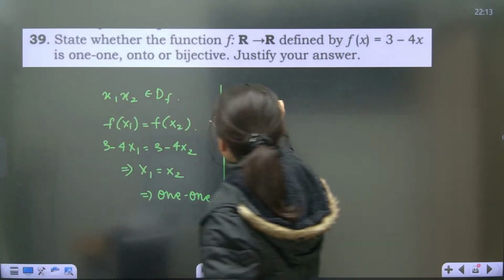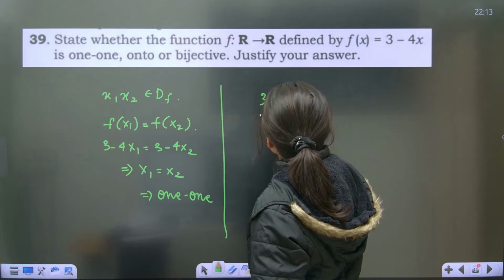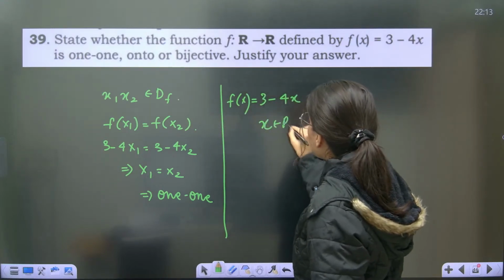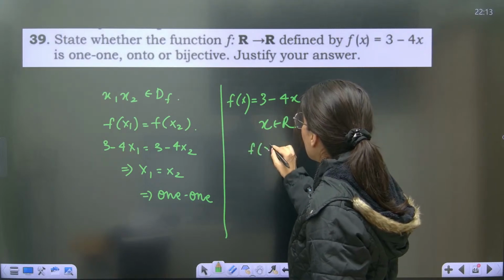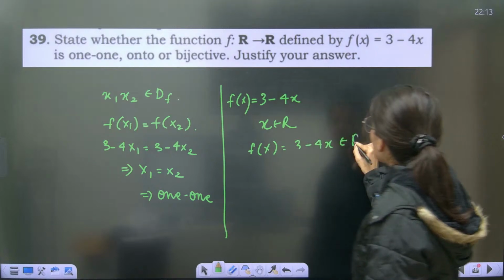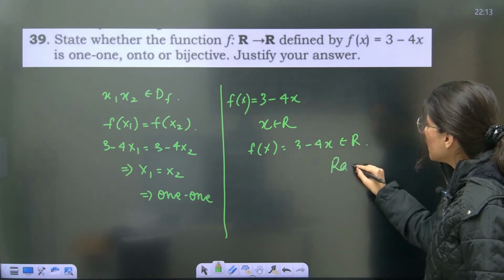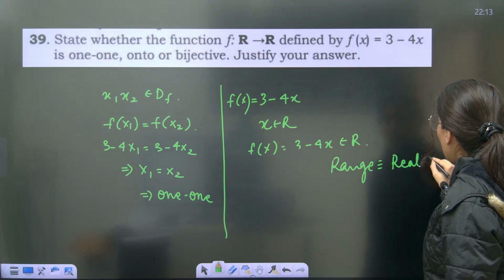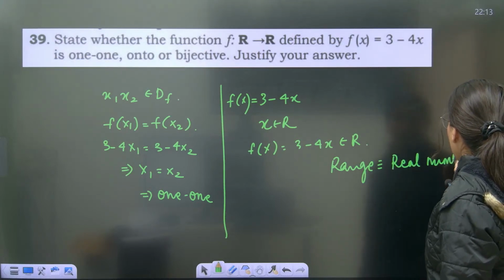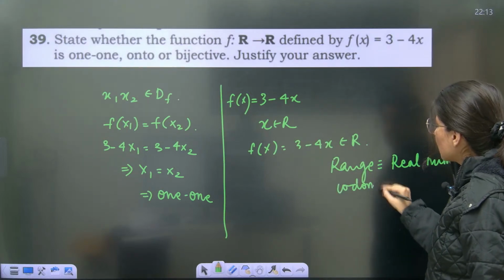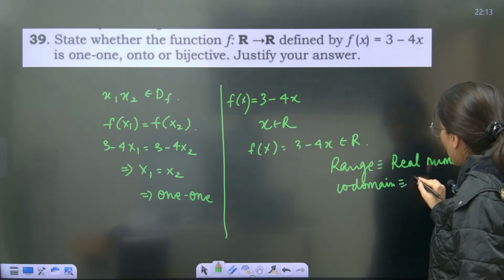Now 3 minus 4x equals your f(x). We know that x belongs to R. So obviously f(x) equals 3 minus 4x will also belong to R. The range of this function is coming out as all real numbers. And the codomain of this function is given as what? Tell me. All real values.